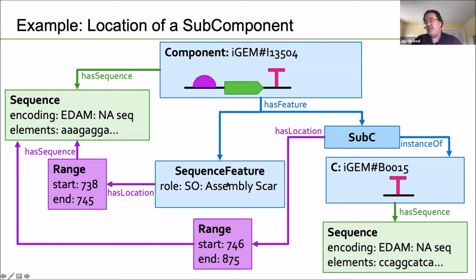So for example, there is an assembly scar from the BioBricks assembly that was used to make this, which has a certain location on this component. And that terminator, which has its own sequence, is a subcomponent, and it has a location at the last 130-ish base pairs of this sequence. So this is one way that we can now say, here is exactly how these pieces get stitched together.